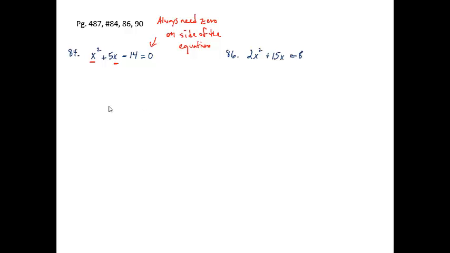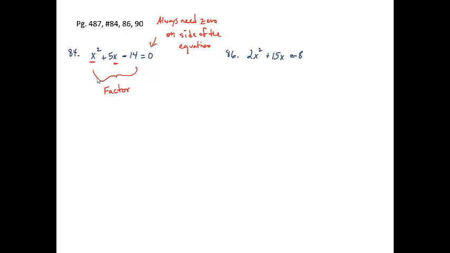So the first thing we have to do is always have 0 on one side of the equation, and then your next step is to factor. You must factor. Now we are on 6.6, which means we went through 6.1, 2, 3, 4, and 5. Hopefully by this time you are doing all right with factoring, to the point that I will start skipping steps and leaving things out.